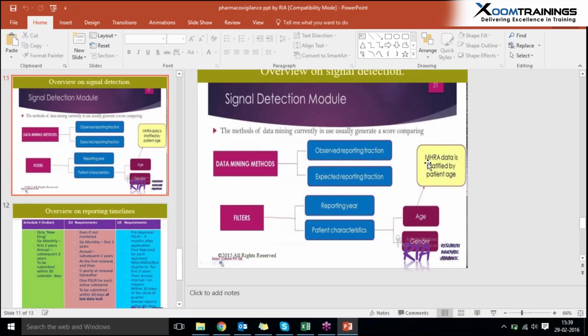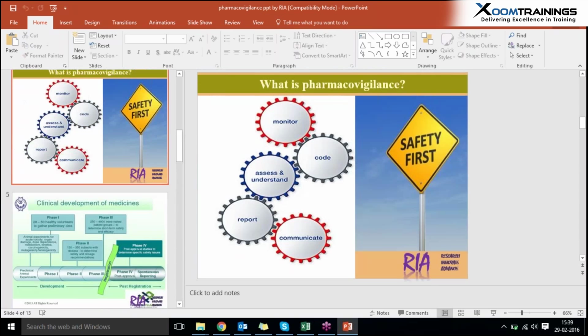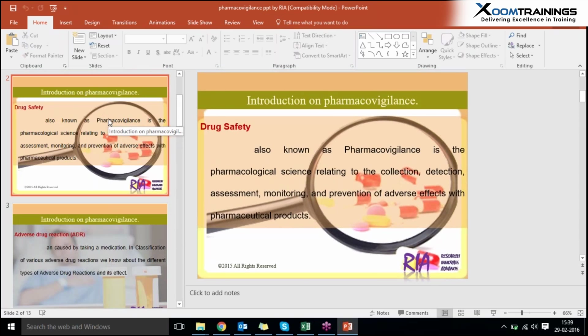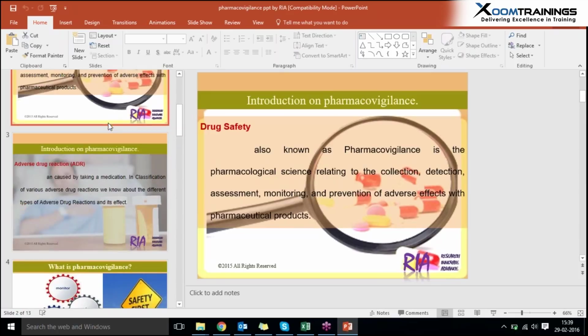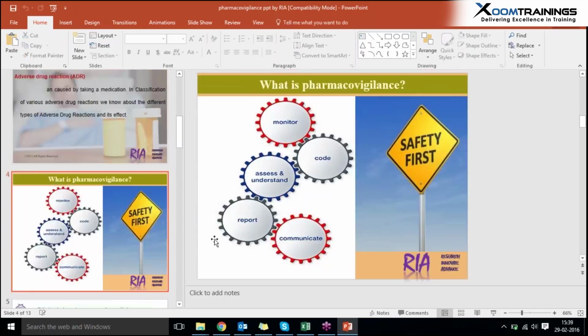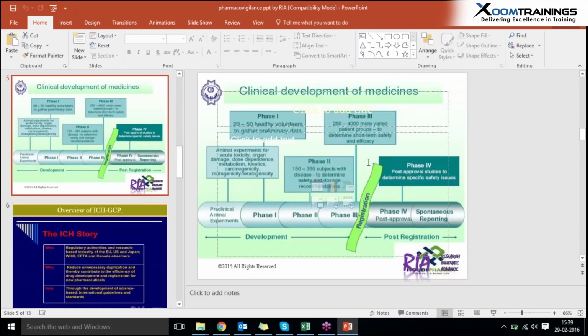Once we start, we can go through the same components and go briefly into each and everything: what exactly we are doing, what software we are using, what an adverse reaction is, how the adverse event attribution will be done, definitely, likely, and so on. How they are going to monitor, how the coding will be done, how the report will be submitted, how the clinical trial works, what we do in phase 1, phase 2, phase 3.